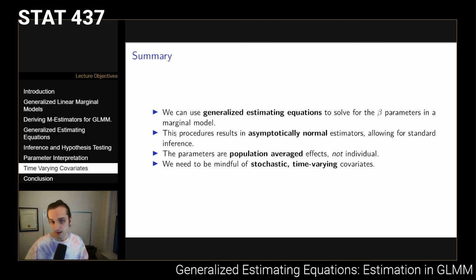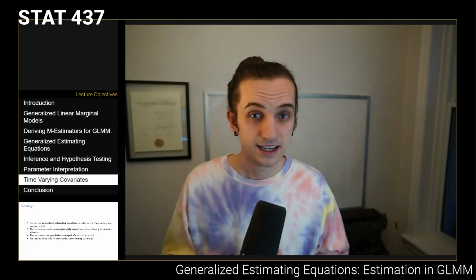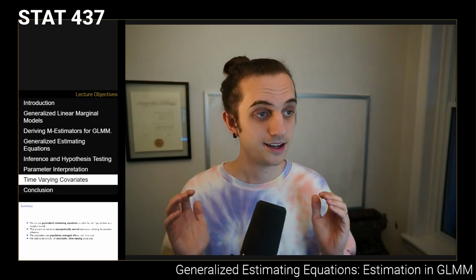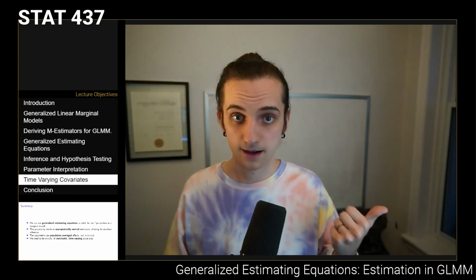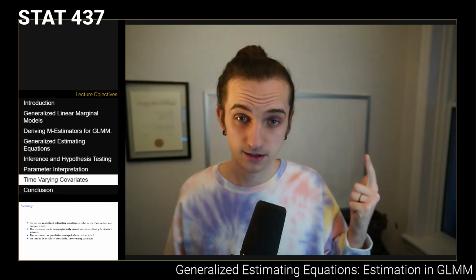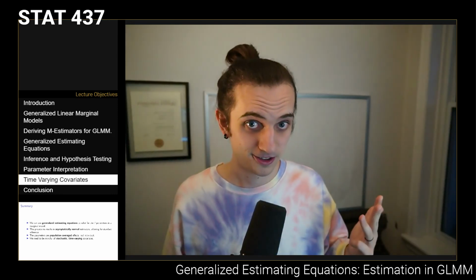With this, we can now fit just about any model we want to these longitudinal data that we might be observing. The idea here was that we took a generalized linear marginal model, which only specifies a mean link function, which gives you the mean, as well as your variance and your correlation structure.